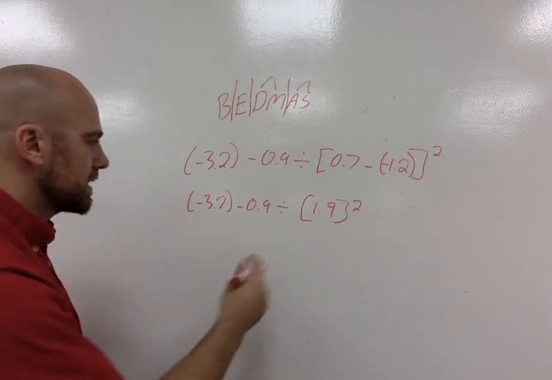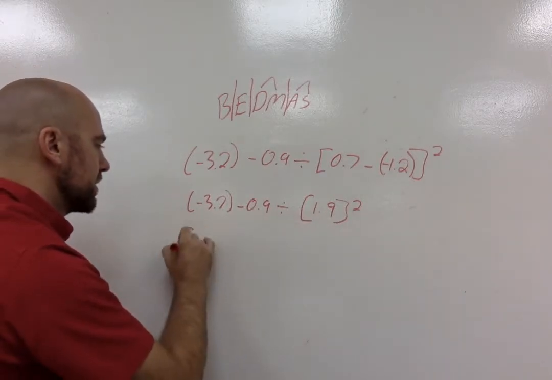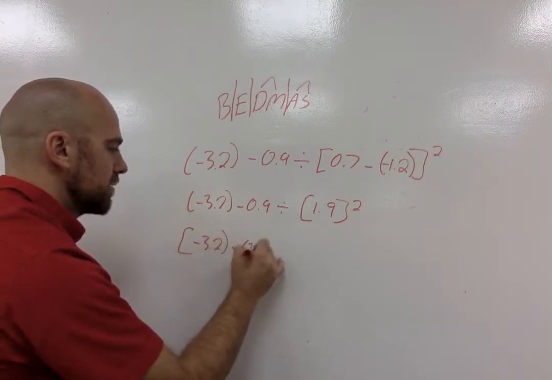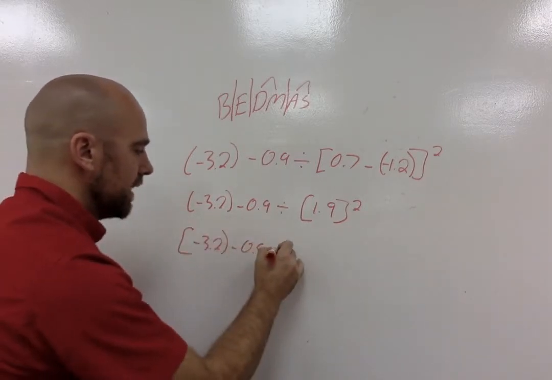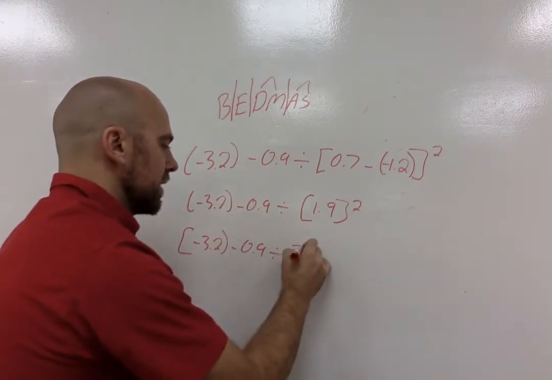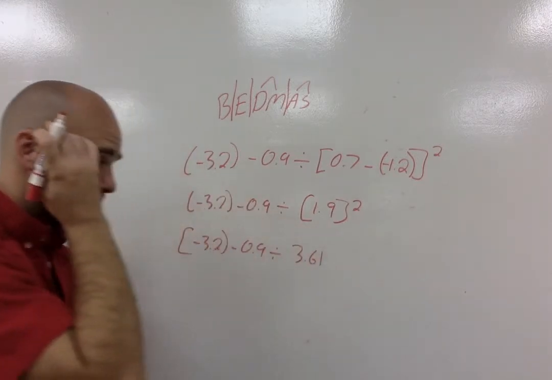Okay, my next step, I'm going to have to do this operation. So -3.2 minus 0.9 divided by, so 1.9 times 1.9 is going to give us 3.61.